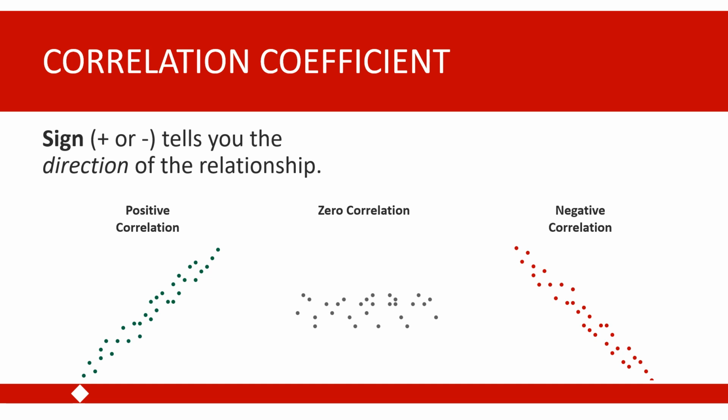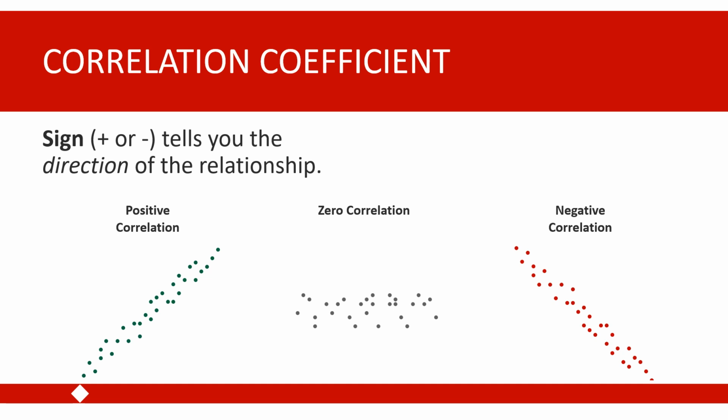If the sign is positive, this means that as one variable increases, the other variable also increases. We call this a positive correlation. If the sign is negative, if there is a negative slope between the two variables, this tells you that as one variable increases, the other variable decreases.